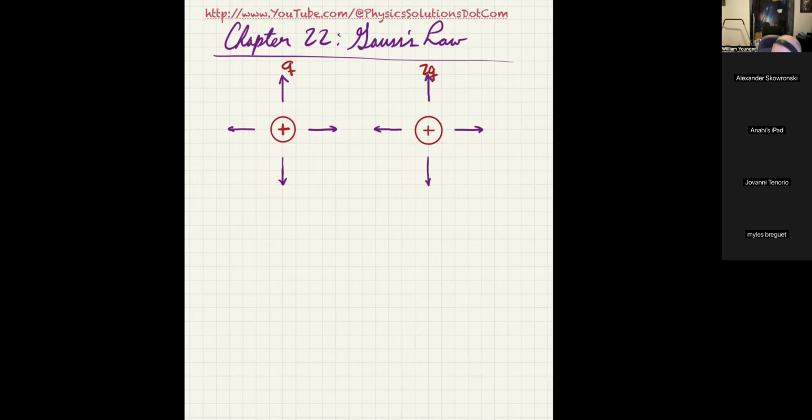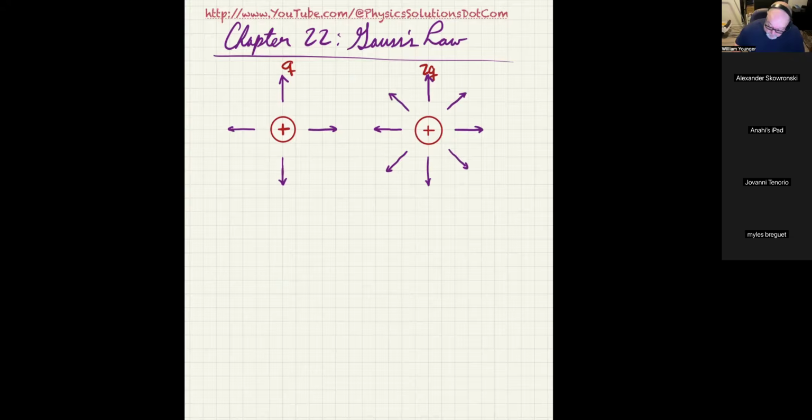So this is the electric field, but I'm going a little further in that because it's twice as big of a charge, I am going to say that it's going to have twice as many electric field lines as the single charge. And that looks roughly like this.